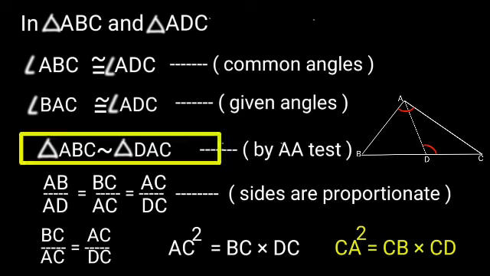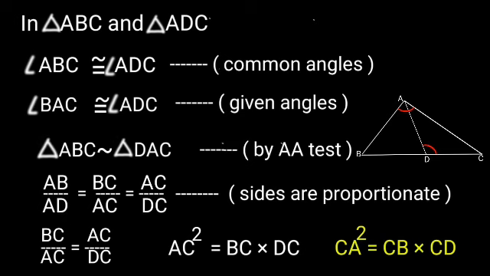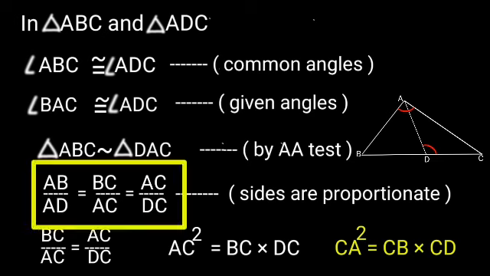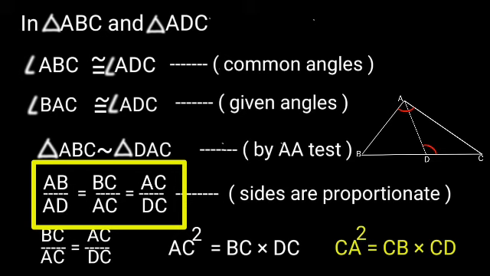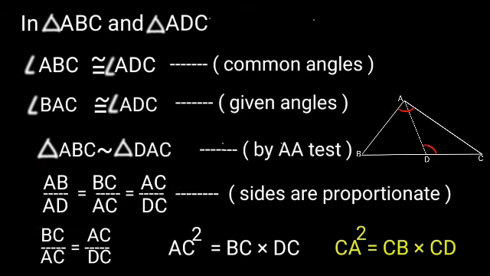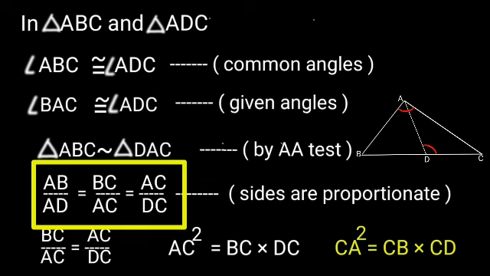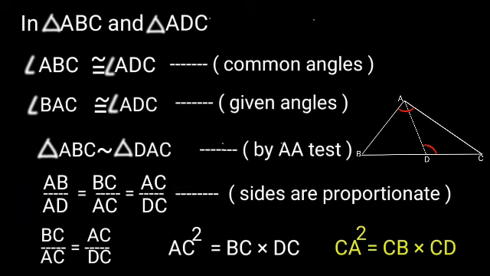If two triangles are similar, then their corresponding sides are in proportion. Hence AB upon AD is equal to BC upon AC is equal to AC upon DC. Reason, sides are proportionate.